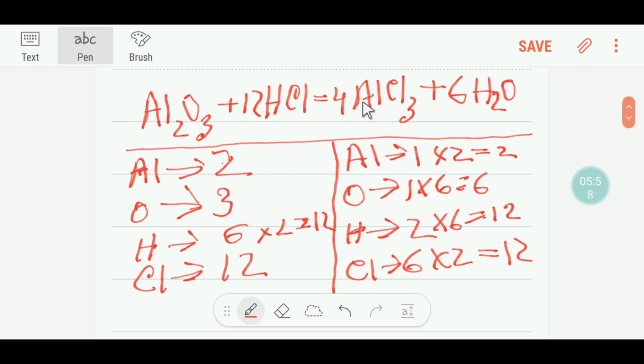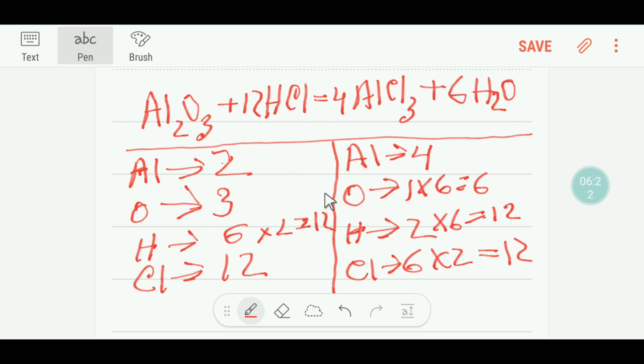And if I put here 4, the number of aluminium will be 4, right? So I will write here 4 aluminium. Okay, so our chlorine 12 12, our hydrogen 12 12 is balanced, but our aluminium is not balanced and oxygen is not balanced.